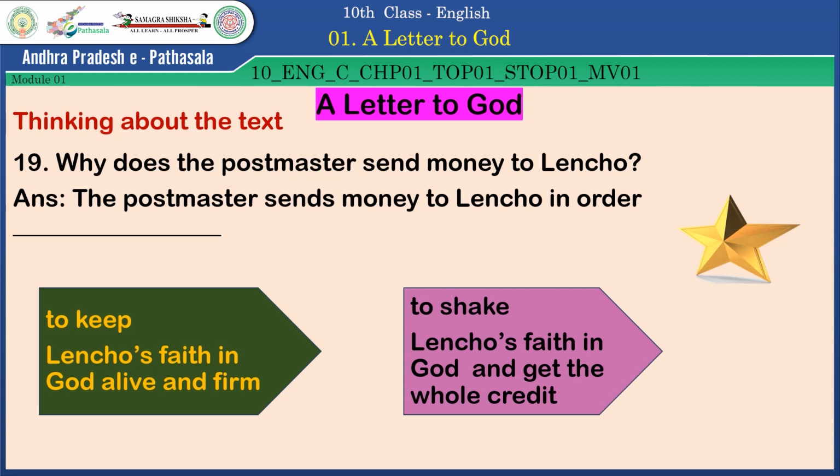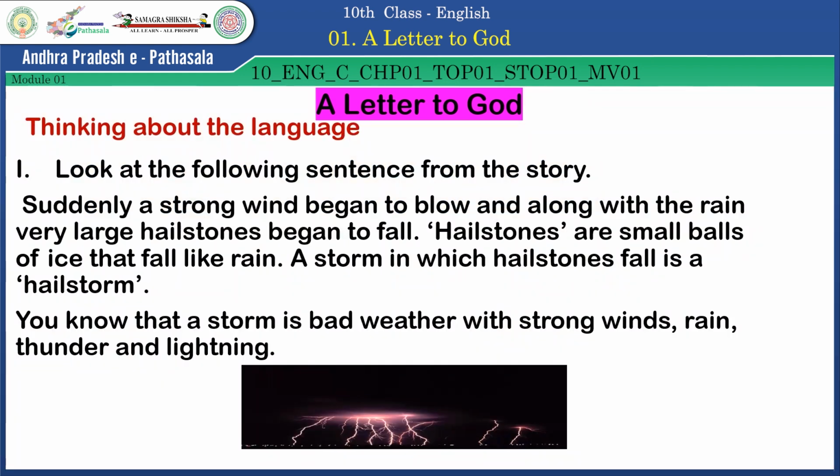Here we go. Thinking about the language. Look at the following sentences from the story. Suddenly, a strong wind began to blow, and along with the rain, very large hailstones began to fall.